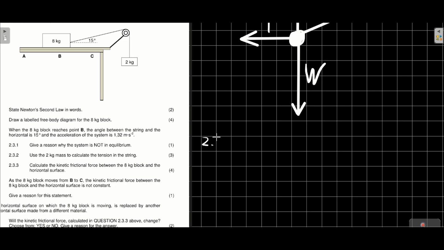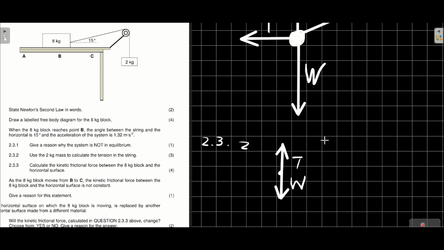In 2.3.2, we have a mass. If you think about it, it's subjected to only two forces, which are weight going downwards, and tension. And we've been given an acceleration for the system. As you can see, our forces are only acting on the y-axis.